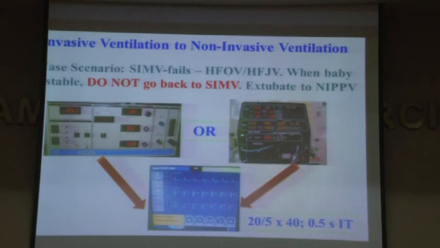Once the babies are stable on the oscillator or on the jet and are on low settings, and you are thinking about changing to conventional ventilation, we do not. We extubate the baby to non-invasive ventilation. That's typically what we do: 20/5, a rate of 40, inspiratory time of 0.45 seconds.